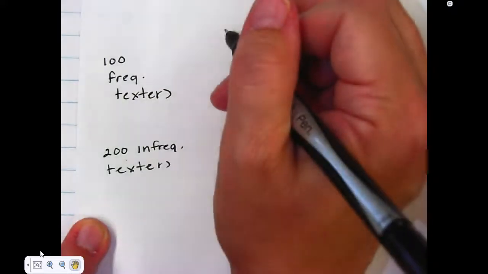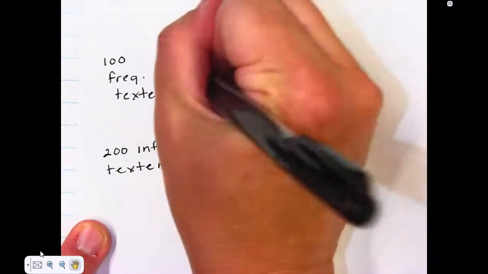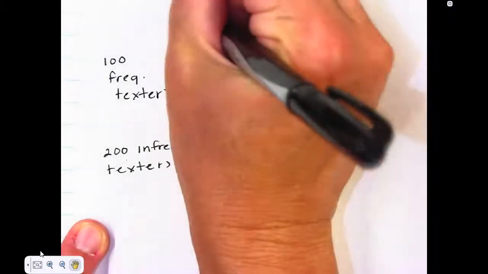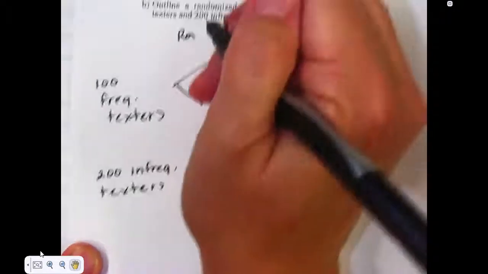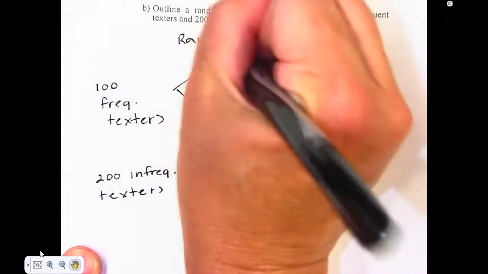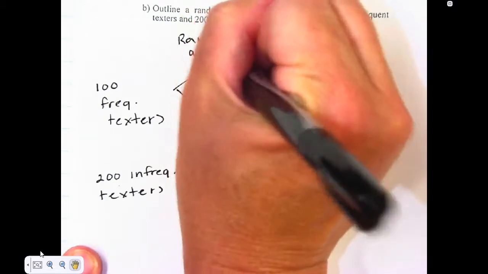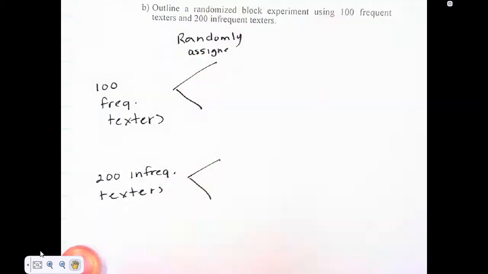Now I need to randomly assign. There's 2 different keyboards. That's what they're comparing here. So I need to write randomly assign. Okay, so they're randomly assigned.